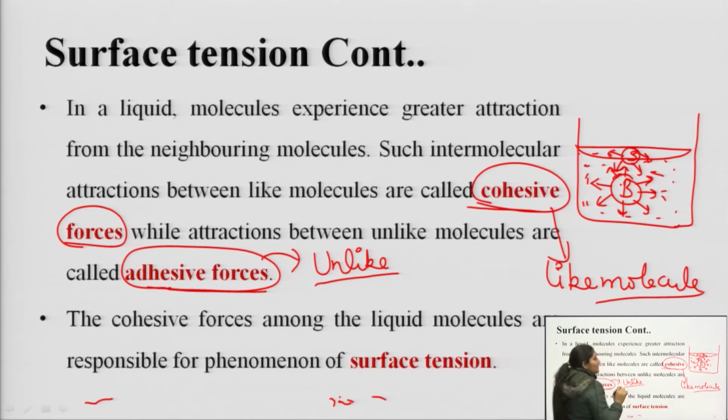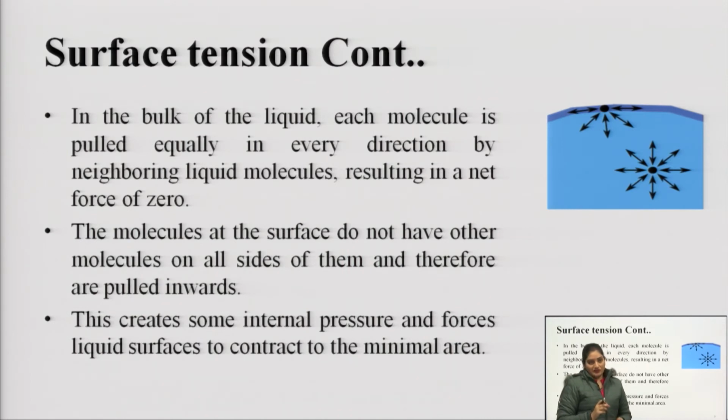Due to these cohesive forces, the molecules try to attain minimum surface area. This cohesive force is the measure of surface tension. By measuring the strength of these cohesive forces, we can measure the magnitude of surface tension.